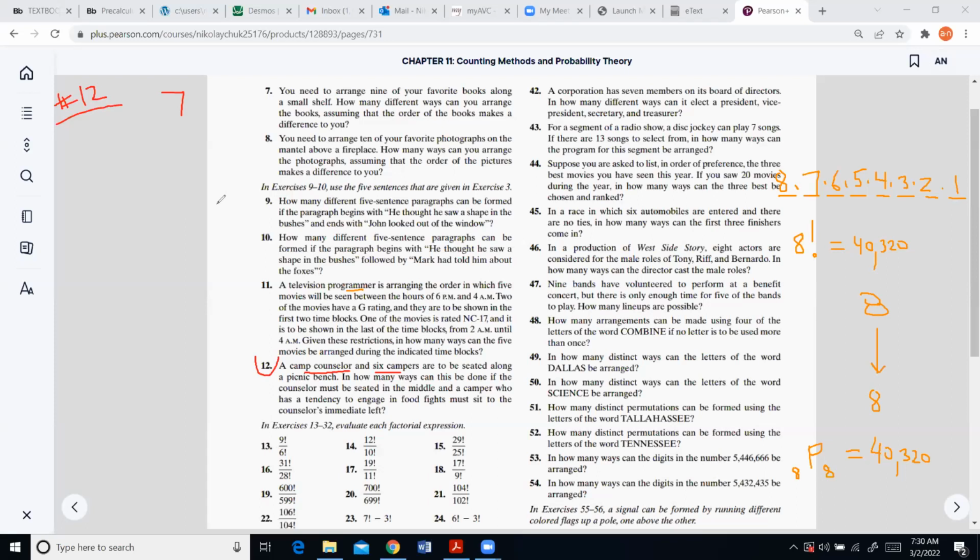So how many selections should be done? Actually, it's going to be a little bit different. I think we should be a little bit more careful. So they say the counselor must be seated in the middle and a camper who has a tendency to engage in food fights must sit to the counselor's immediate left.